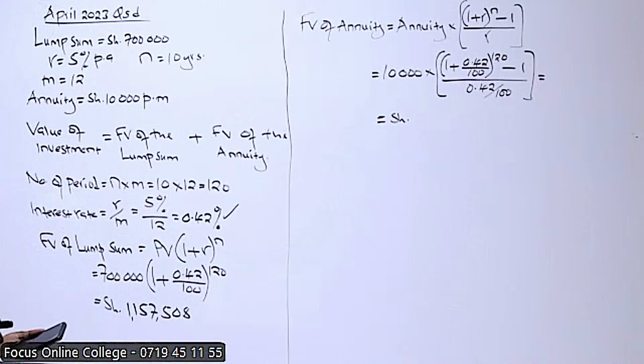So this one is 1 plus 0.0042, close the brackets, power 120, minus 1, divide by 0.0042, times 10,000.